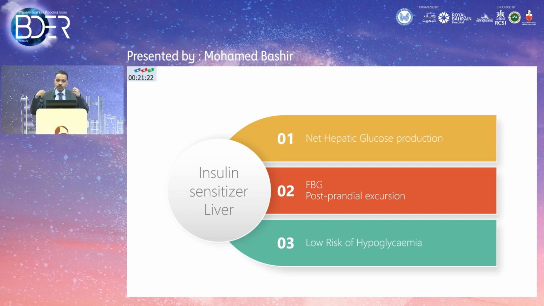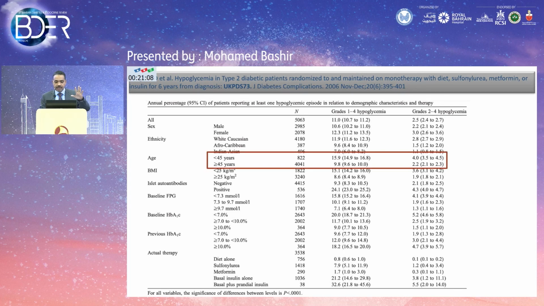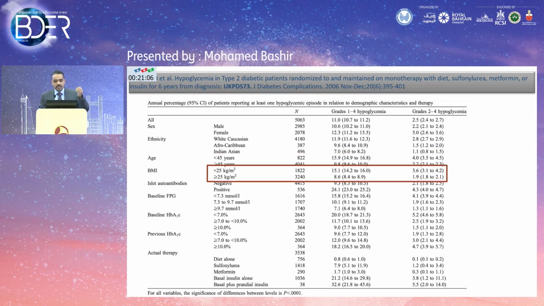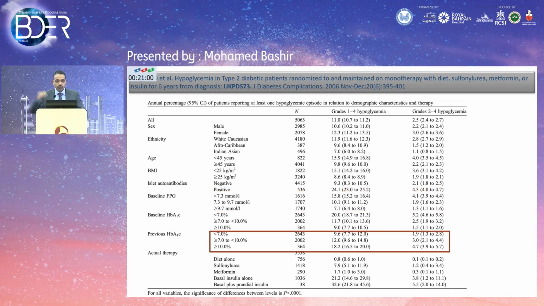and generally speaking, when you're using metformin alone, there's a low risk of hypoglycemia. And the UKPDS data told us which of the patients on single agents are at high risk of hypoglycemia: young patients, lower BMI, low baseline fasting blood glucose, low baseline HbA1c, and those who have a huge reduction in their HbA1c.